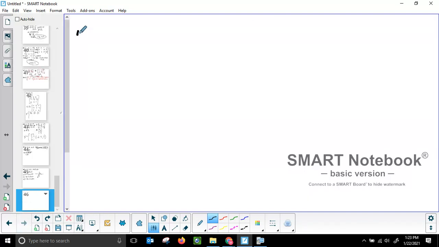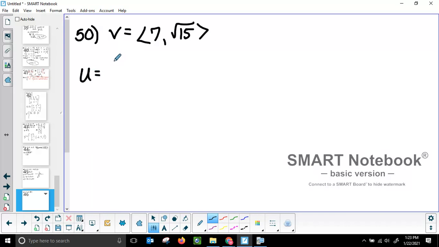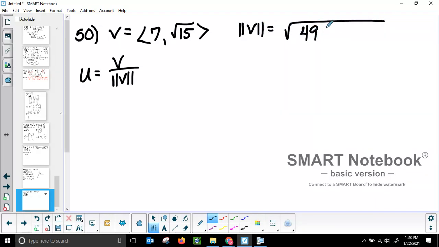All right, 50. It says find a unit vector in the direction of the given vector, and v is equal to 7 and the square root of 15. All right, well, to find a unit vector, all you have to do is take the given vector and divide it by its own magnitude. So the magnitude of v is going to equal the square root of 7 squared, which is 49, plus the square root of 15 squared, which is 15.